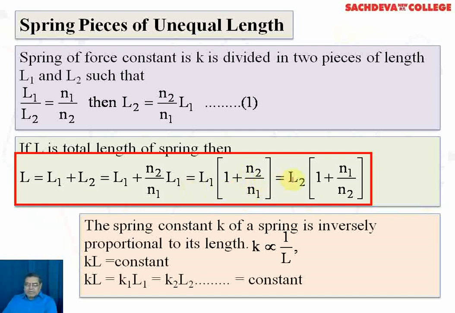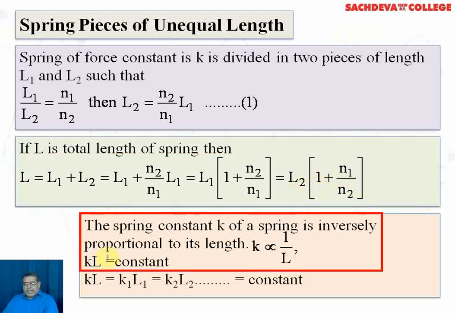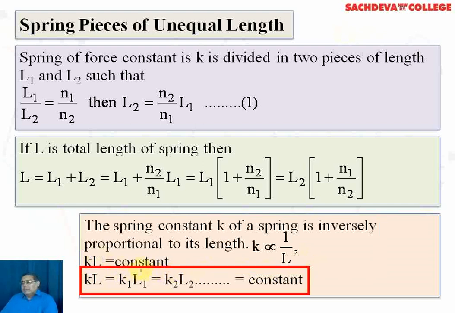But if the same equation is written in terms of L2, then the equation will become L2 into 1 plus N1 over N2. The spring constant K of a spring is inversely proportional to length. It means if length increases, the spring constant will decrease. So if we multiply K and L, that will always remain constant. So this constant KL can be written as K1 L1 is equal to K2 L2 is equal to K3 L3 is equal to K4 L4 and so on.